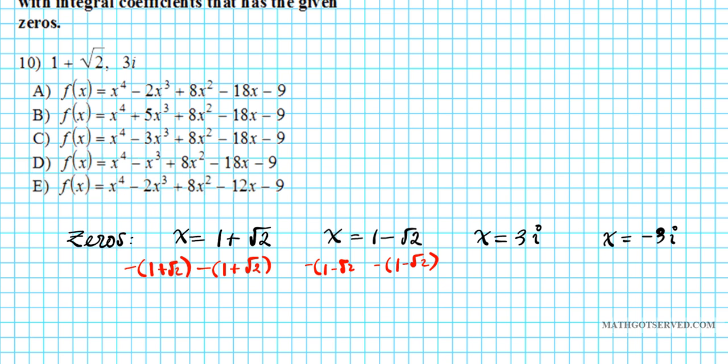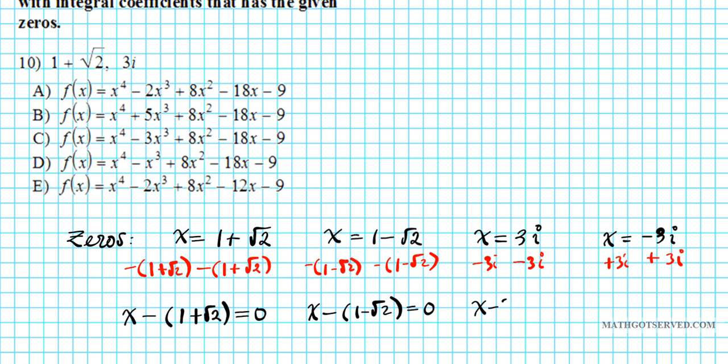I'm going to keep them clustered together so I can use some tricks to facilitate the process. So subtract negative 3i from both sides, and then add 3i to both sides. The goal is to get each equation equal to 0. So examine how I write this. x minus quantity 1 plus rad 2 equals 0. Here we have x minus quantity 1 minus rad 2 equals 0. And then this one, x minus 3i equals 0. And lastly, x plus 3i equals 0.